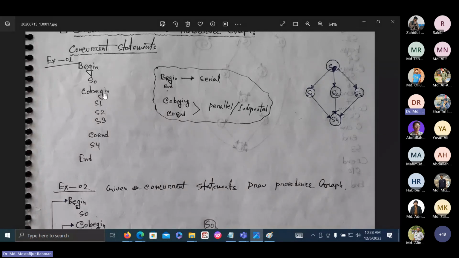Yes, but I'm talking about the begin and end. In this part, I mainly have three statements. One is S0, another is the co-begin, co-end block inside, and another is S4.